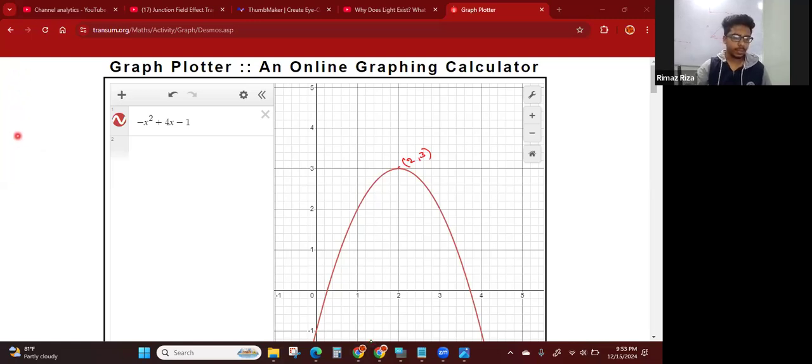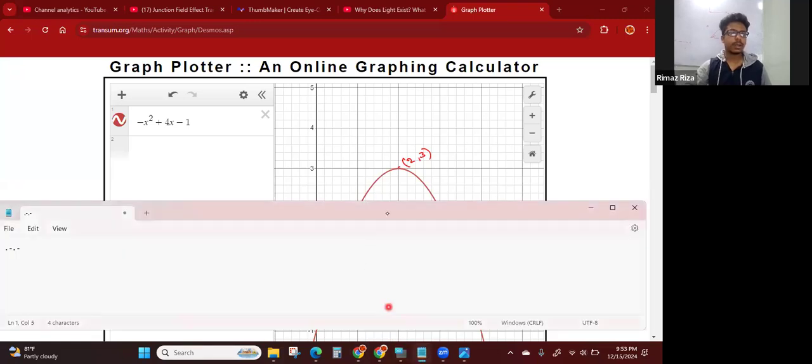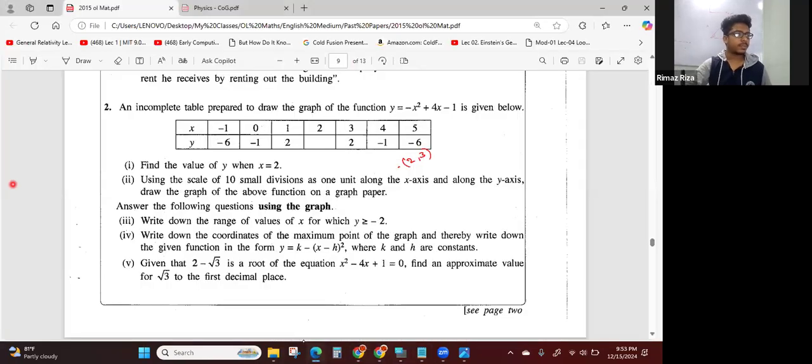If they mention to mark in the graph, then you should mark. Otherwise, not necessary. Okay, so here the answer for this is x less than or equal to 4.2 and greater than or equal to minus 0.2. And for this, the coordinate is 2, 3.